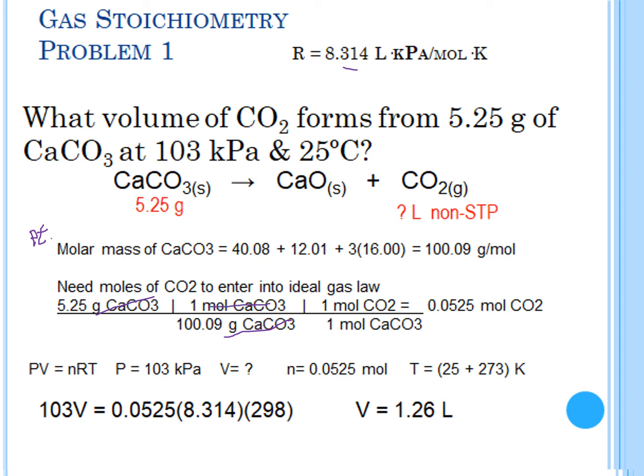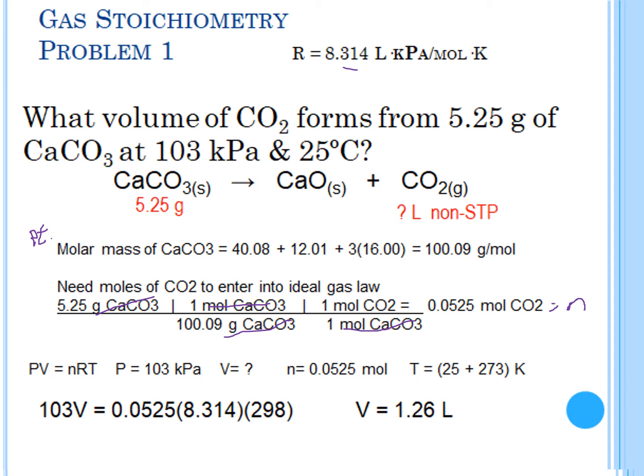I bring that down. And then I can use my mole ratio, 1 mole of calcium carbonate for 1 mole of CO2. Plug all of that in, and I get 0.0525 moles of CO2. Once again, that is my N to plug into my ideal gas law equation.